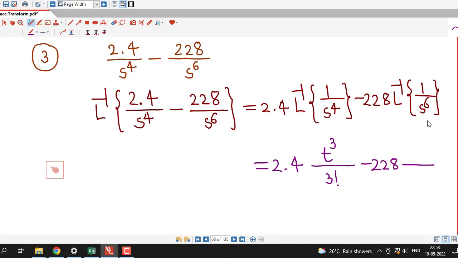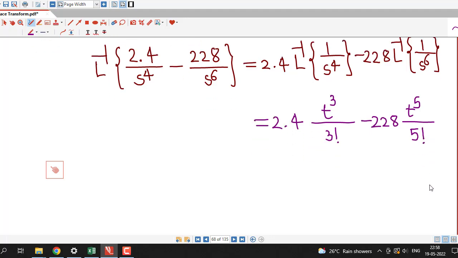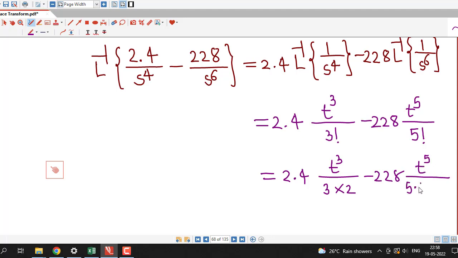Here we have n equal to 6, so we have 6 minus 1, that is t raised to 5 divided by 6 minus 1 factorial, that is 5 factorial. And we can further simplify this. 3 factorial can be written as 3 into 2, minus 228, and here I can rewrite this as 5 into 4 into 3 into 2 into 1.